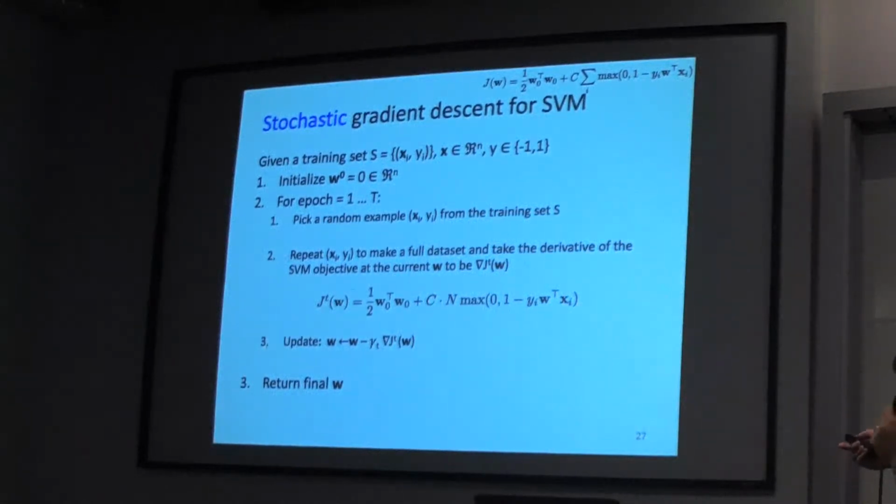That's why we need to duplicate this example multiple times, namely n times, so that your computed stochastic estimate of the training loss will match the same scale in terms of the training loss. Right?